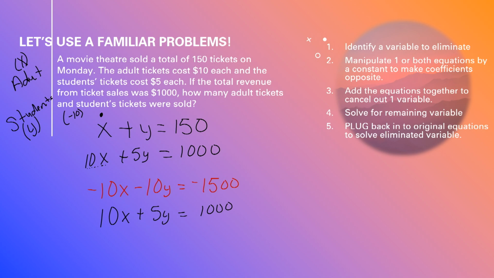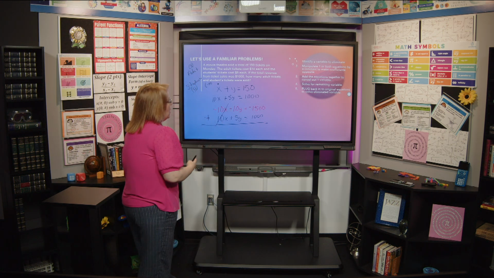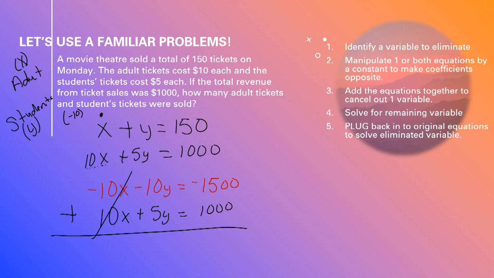And then it said for me to add them. Well, when I add a negative 10 plus a positive 10, I get 0, so they're gone. Then I have negative 10y plus 5y gives me a negative 5y, and negative 1500 plus 1,000 gives me a negative 500.